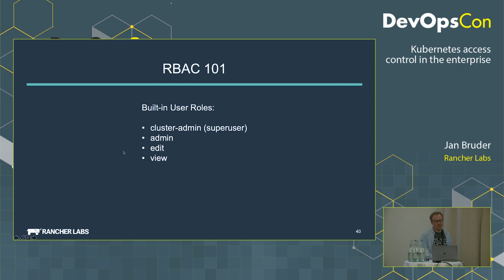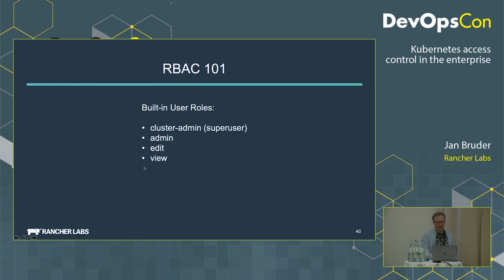The admin has full access to resources within the namespace it's granted in, and can also add new users to the namespace. The edit role has access to most of the resources but can't change the membership of the namespace. And then there's a read-only role. These are quite helpful.